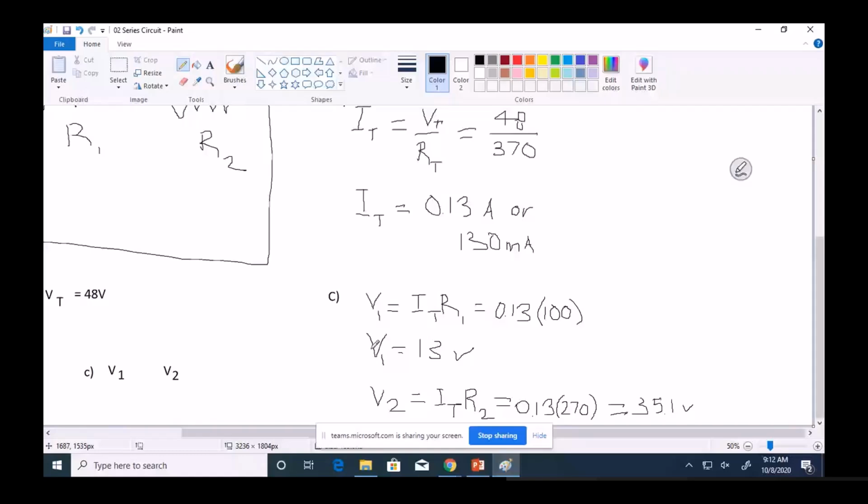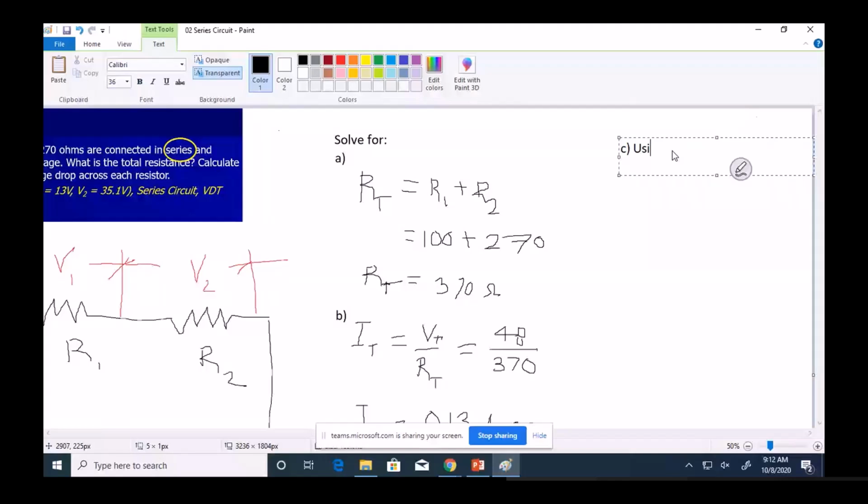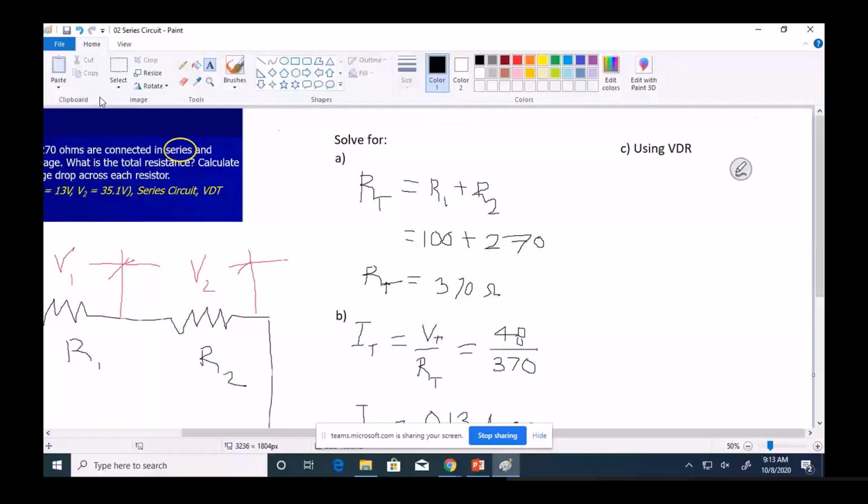If you don't want Ohm's law, you can solve V1 and V2 using the voltage divider rule. So this is C again. Using VDR. You saw the VDR. So the formula of the VDR, looking for V1, this must be the V total, this must be R total, and this is R1.